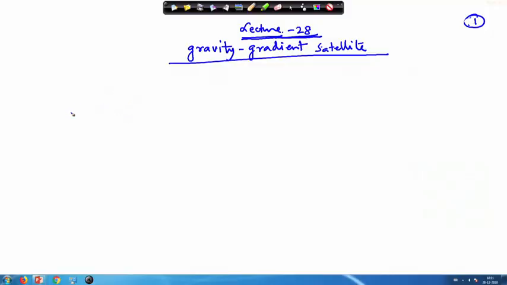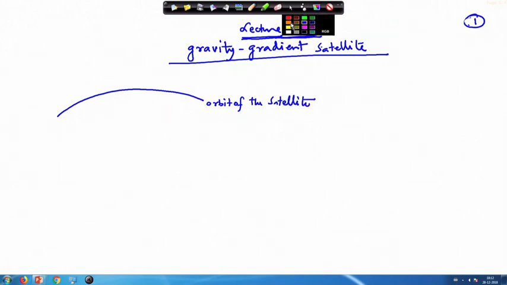We start with one very simple representation. Say this is the orbit of the satellite, and here say the earth is present.